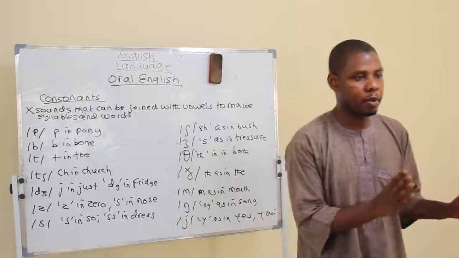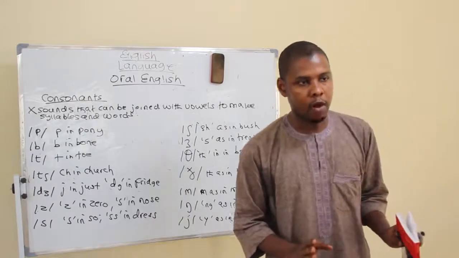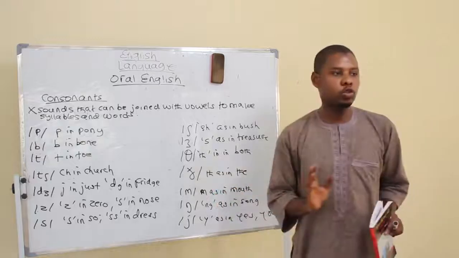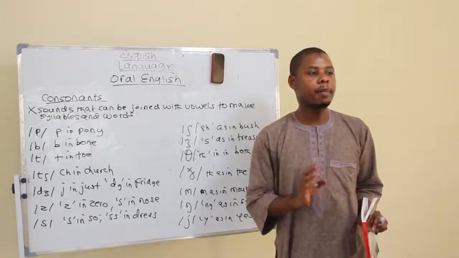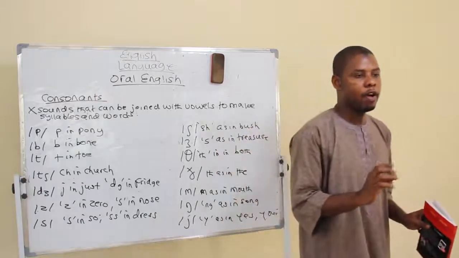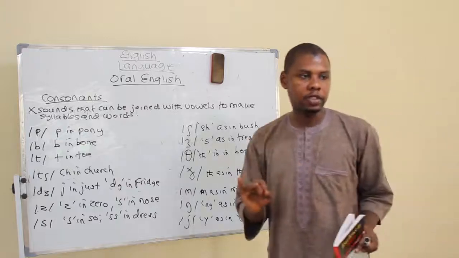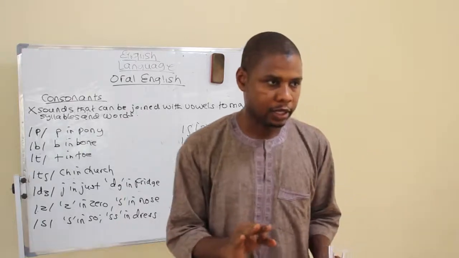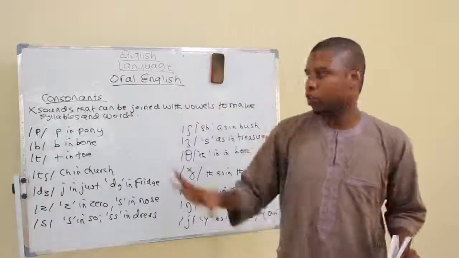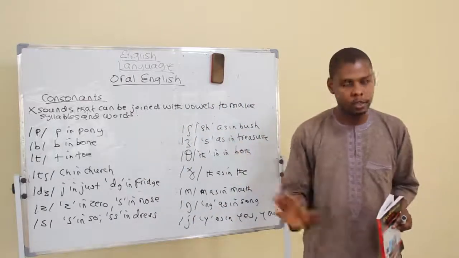We have seen examples of monophthongs and diphthongs. Consonants are divided according to their manner and place of articulation: fricatives, affricates, plosives, and nasals. These are the four categorizations of consonants.